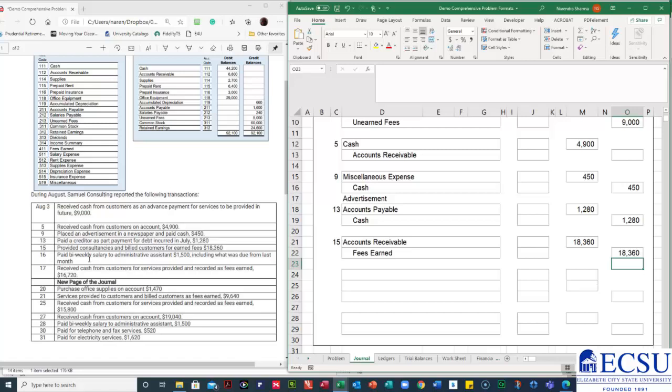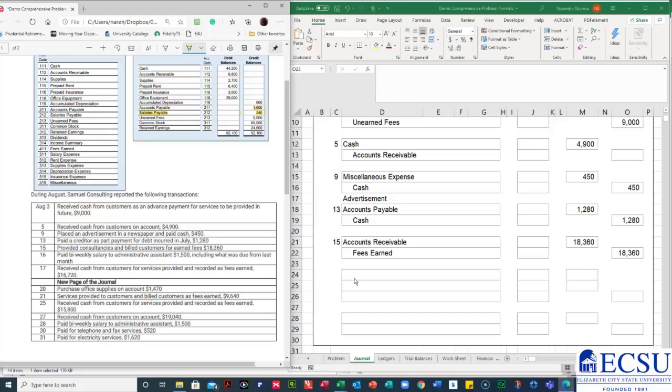August 16 is paid bi-weekly salary to the administrative assistant. So I'm going to pay the administrative assistant, and the amount is 1,500 including what was due from last month. So I will be able to see there is a salary payable of 250. That's something that you have to keep in mind. This is the salary payable. Okay, the salary payable is 250, and I'm paying a total of 1500.